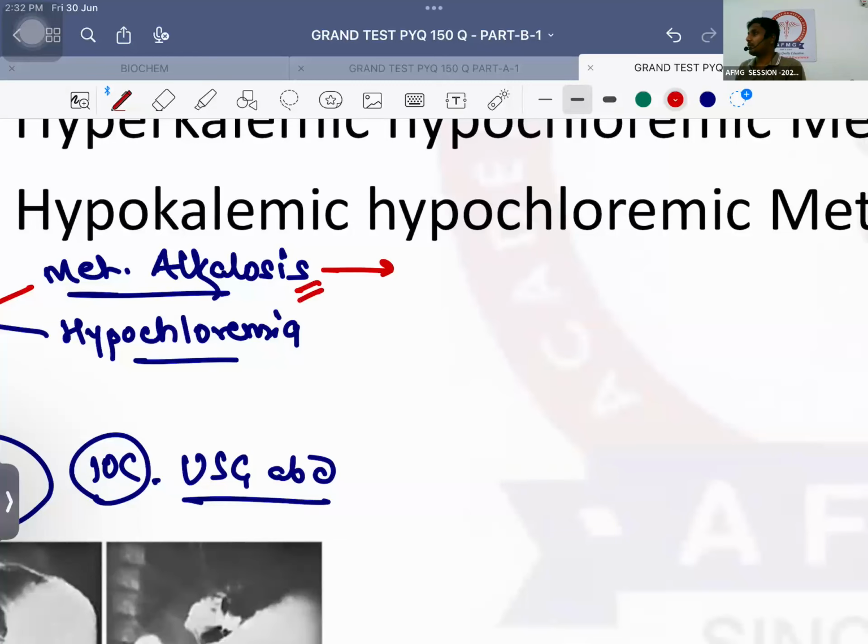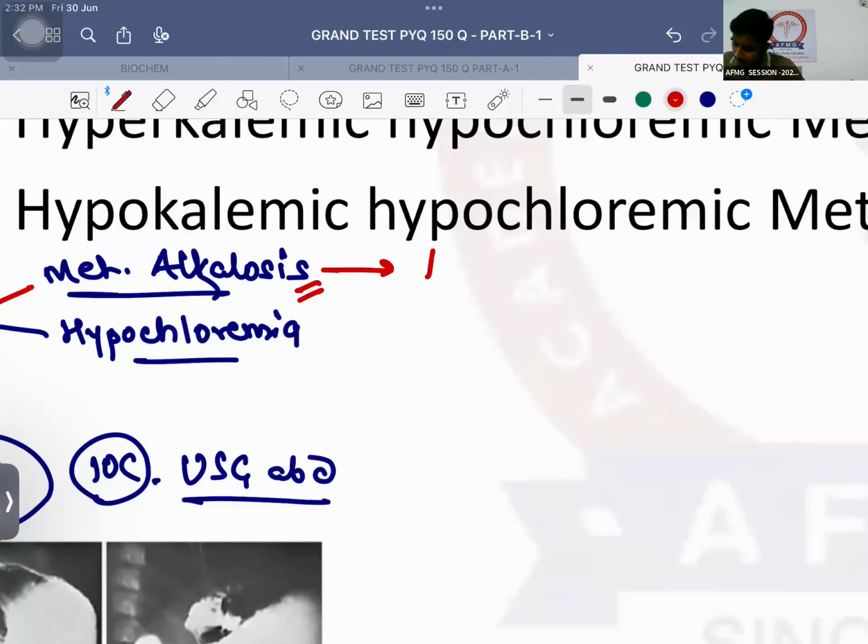Alkaline substances, because the body is in alkalosis. बॉडी से एसिडिक सब्सटेंसेस लॉस हुए इसलिए बॉडी अल्कलोसिस में चली गई है. नाउ अगर अल्कलोसिस से वापस आना है तो किसको बाहर फेंकना पड़ेगा? Alkaline substances को. What are alkaline substances in the body? Bicarbonates. So it has to throw out bicarbonate so that the pH will again come down to normal.